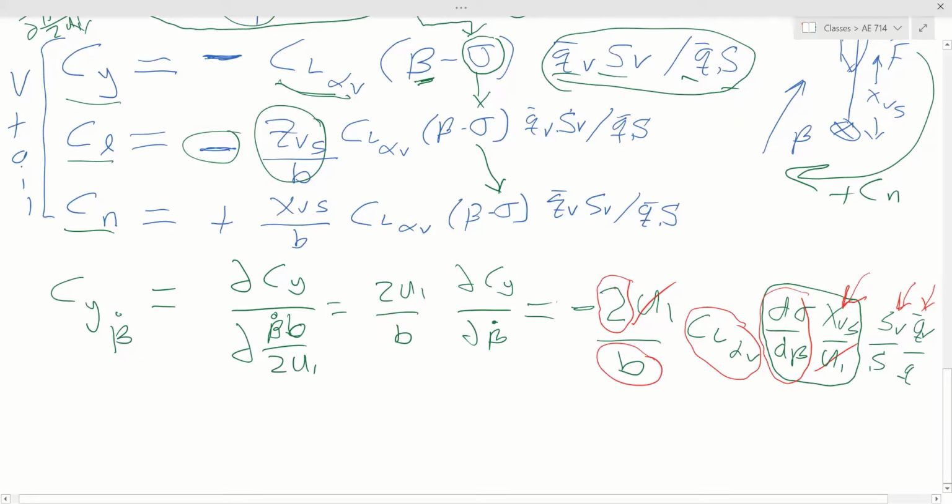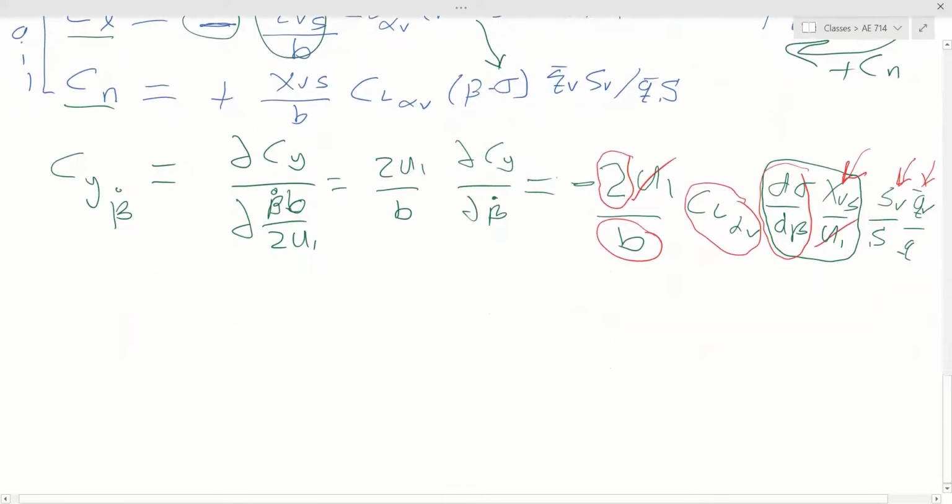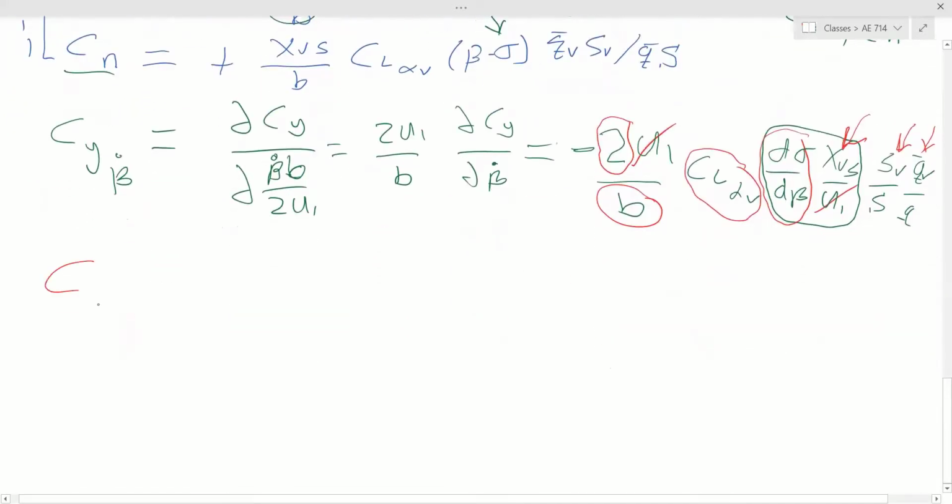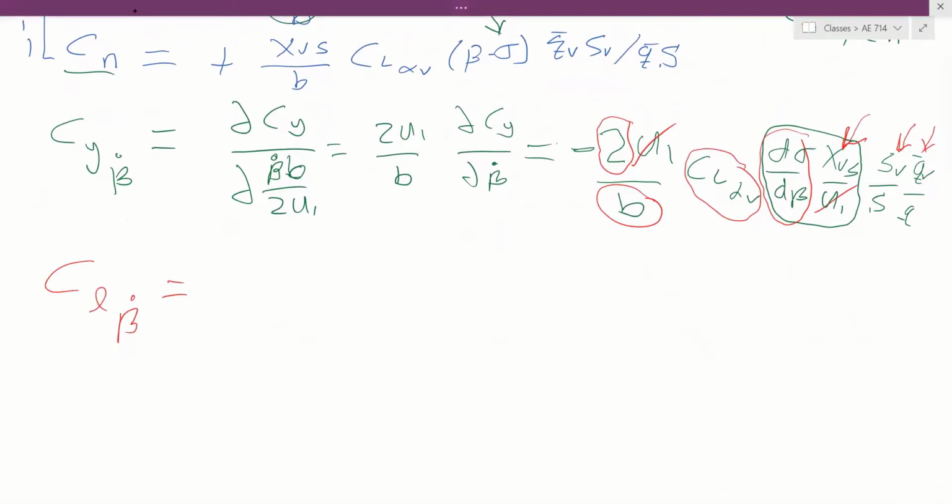So CL and CN beta dot look exactly like this. The only thing that's different is the moment arm. I'm going to switch away from the red here.